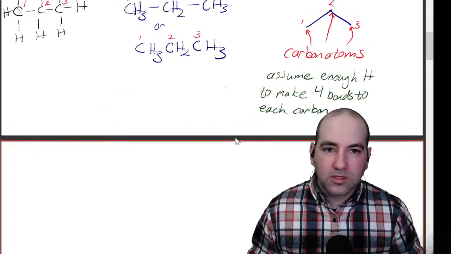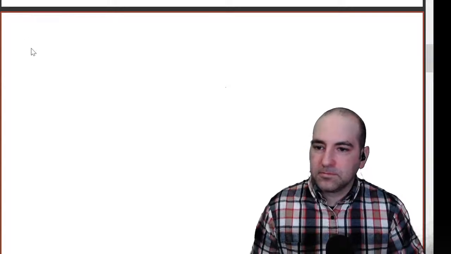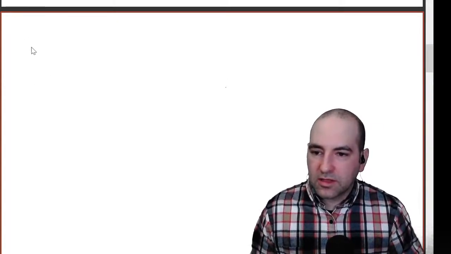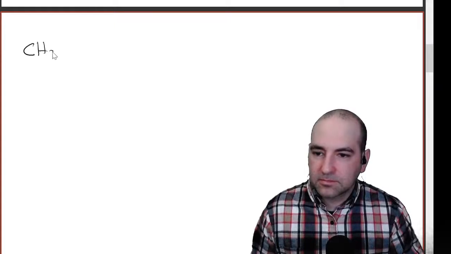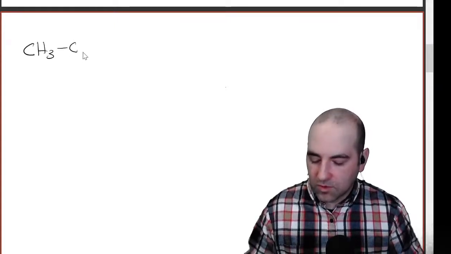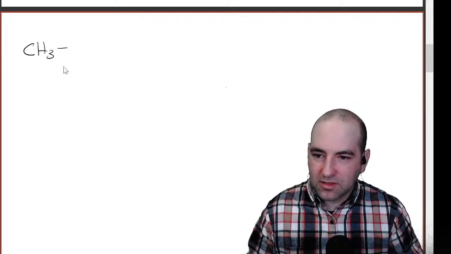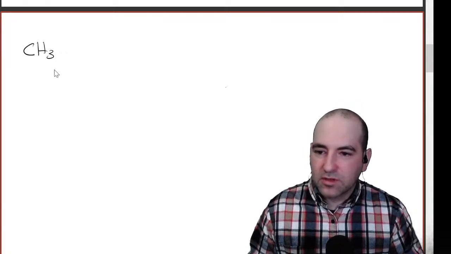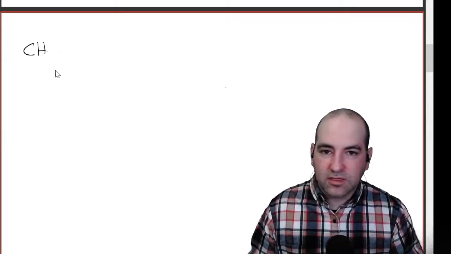All right. So let's try this a little bit more. We're going to use the same table format, and we're going to slowly build up our complexity of structures. Let's take one like this. Oops, that's already getting to the condensed structures. Pretty soon we'll be able to leave the Lewis structures behind and just deal with the condensed and the line structures.